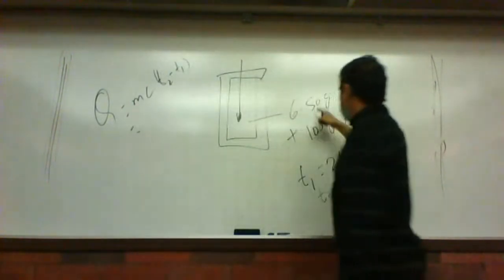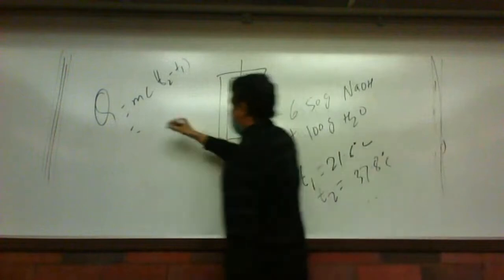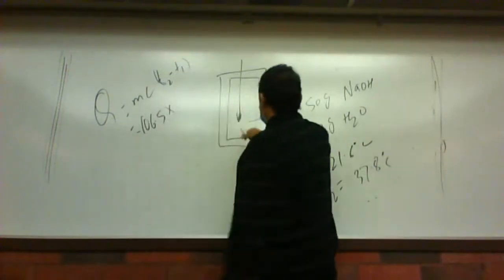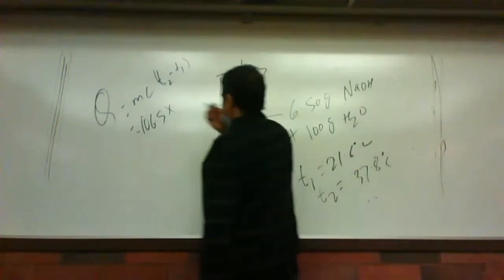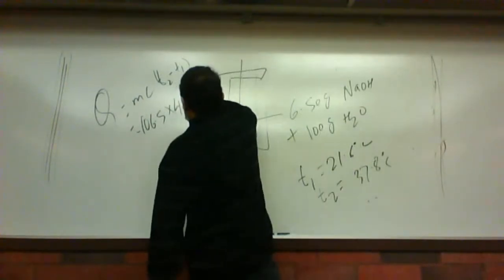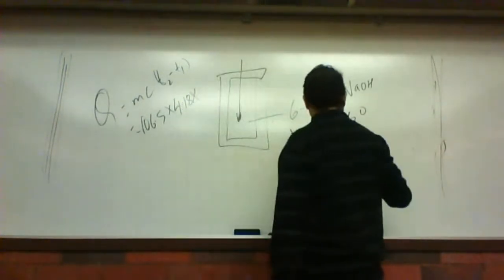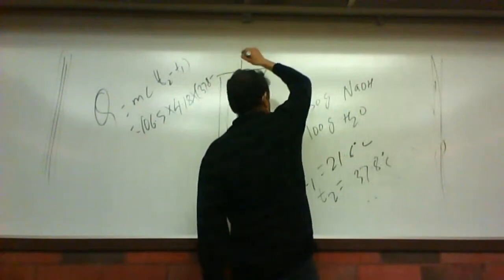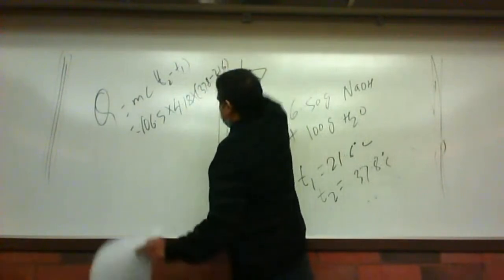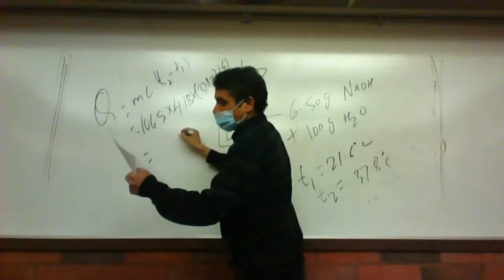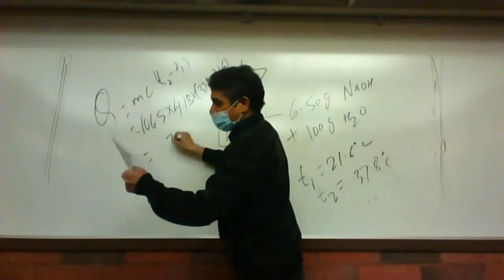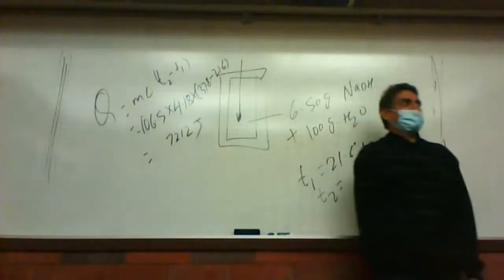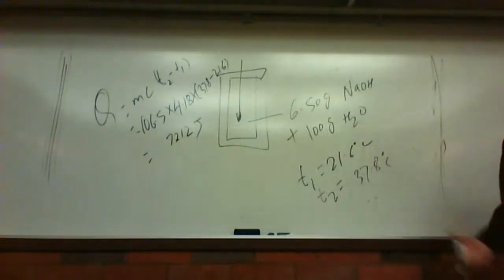So m is the sum of this one and this one, that is 106.50, and the C we always take for the water, because the water we know very well, 4.18, and then T2 minus T1 is 37.8 minus 21.6. That gives you 7212 joules.